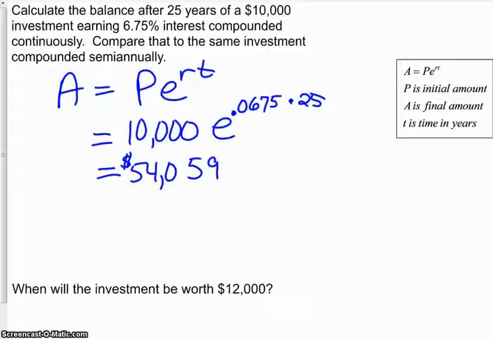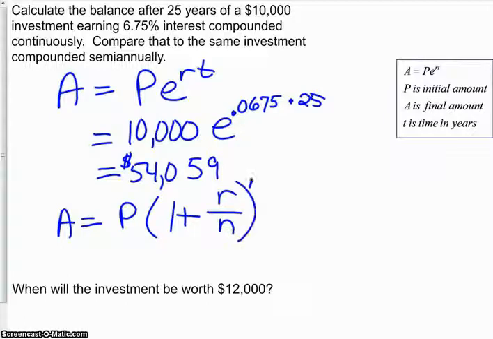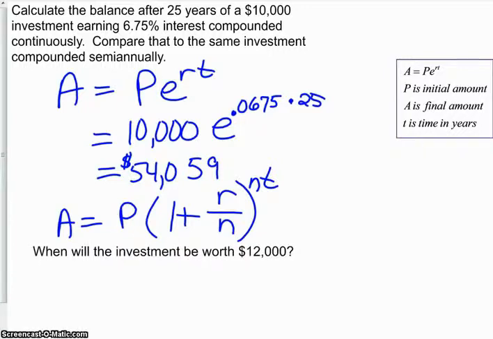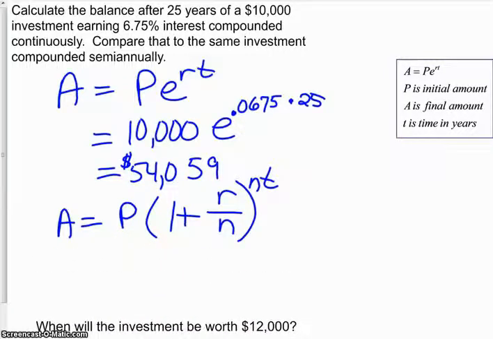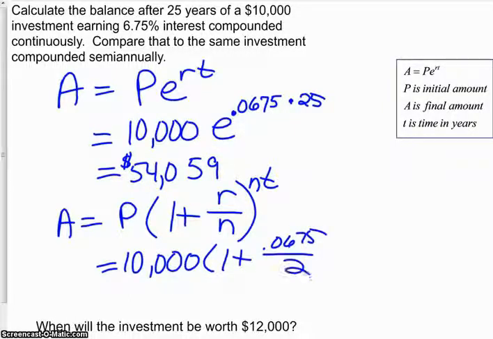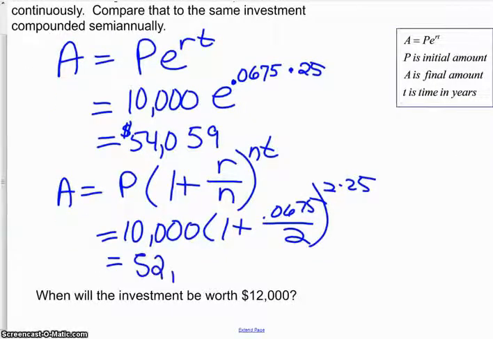Okay? Now it also says, same problem, but what do you get if you instead had it compounded semi-annually? The formula for semi-annual is where you take the principal times 1 plus the rate over the number of times in a year that it was compounded, raised to the number of times times the time. So in this case, it would be the 10,000 times 1 plus 0.065 over 2, which turns out to be $52,574.